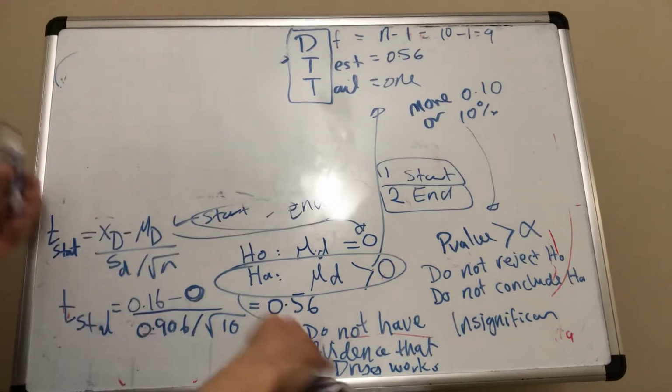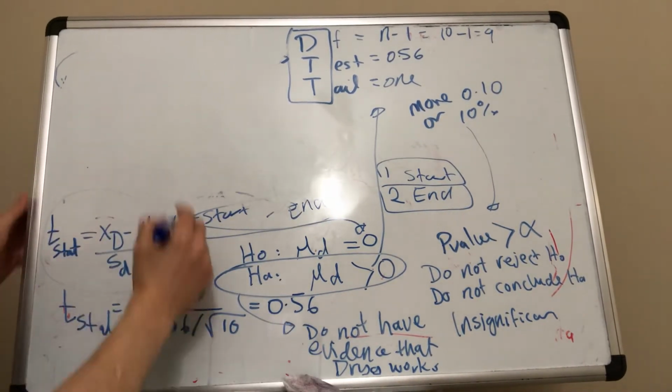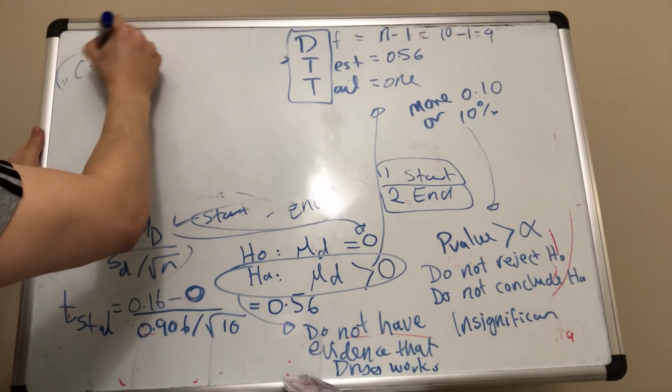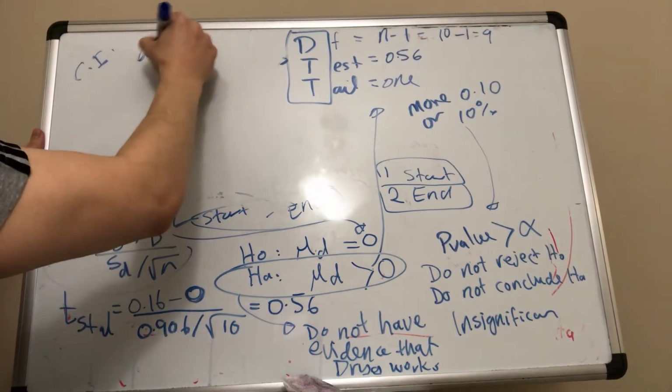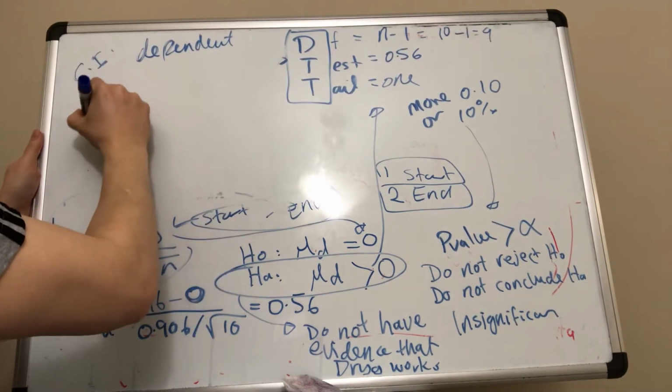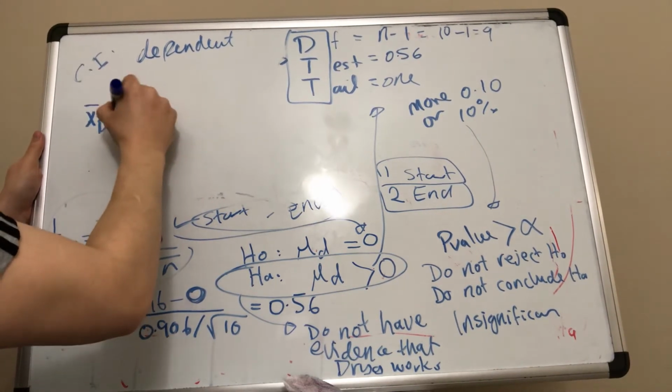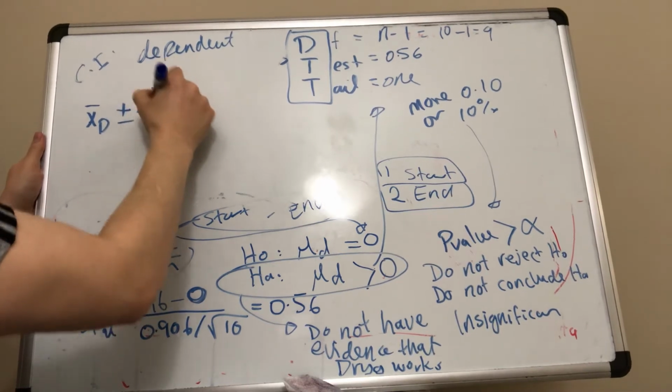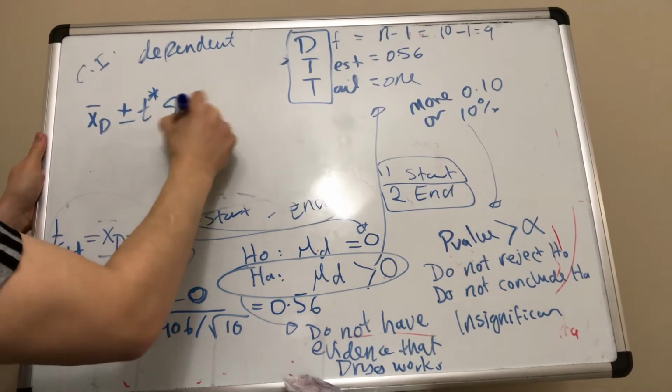So what's the confidence interval for a dependent system? The hypothesis test was the one we just did. The confidence interval for a dependent or paired sample is x̄d plus or minus t star times sd over square root of n.